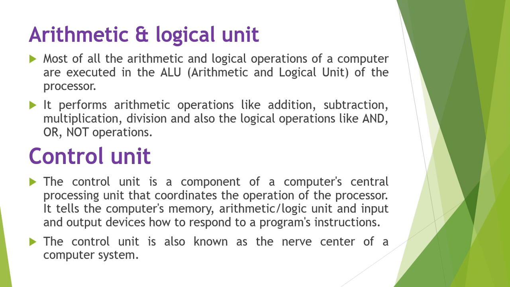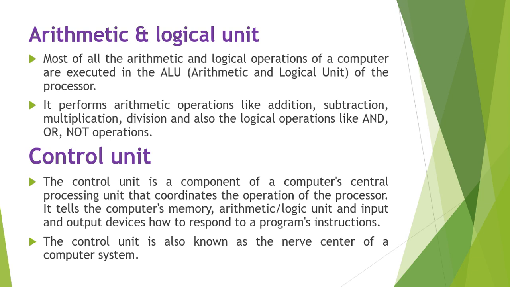Next, control unit. The control unit is a component of a computer CPU. It coordinates all the operations of a processor like storing, executing, counting and so on. It instructs the computer's memory, arithmetic and logical unit, input device, and output device how to respond and how to perform their work perfectly so that it gives fast results to the user.